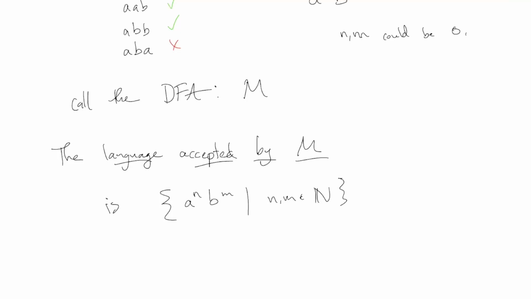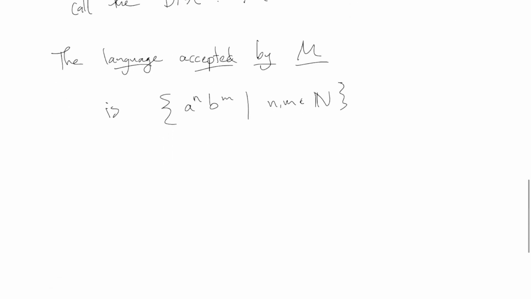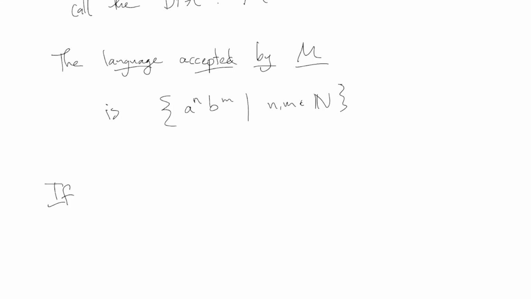Remember from the first day we had basic terminology. The word language just refers to any set of strings. And so this set that I wrote there certainly is a language, and it's called the language accepted by M. So generally speaking, maybe I'll write this as a little def here.